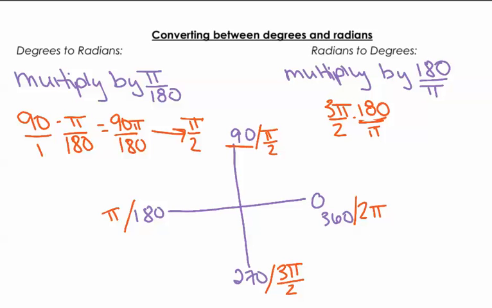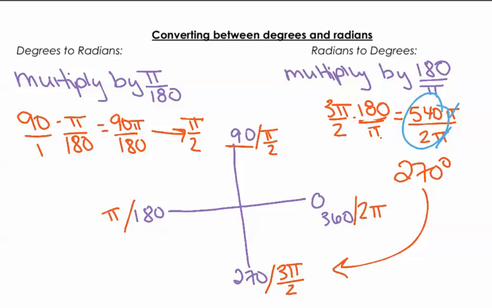That's going to give you 540 over 2 times pi, which is 2 pi. So what you can hopefully notice here is pi on top, pi on bottom, that's going to cancel out, and then 540 divided by 2 is going to give you the 270 degrees that we saw matched up with the 3 pi over 2.